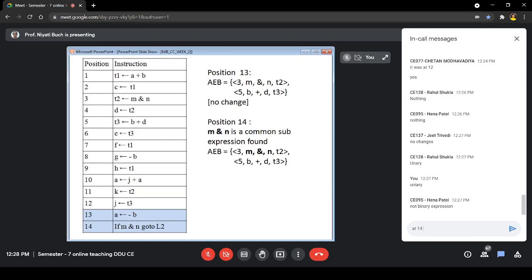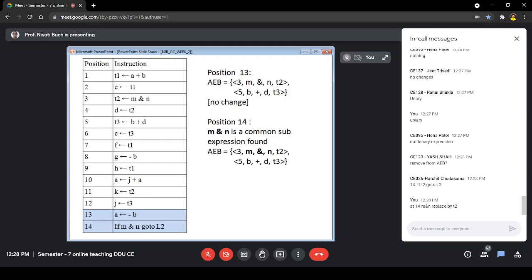If we have a match in our AEB, what do we need to do? No. Why would we remove it from AEB? We will remove from AEB only if M or N is changing. But if a common expression match is found, then what do we have to do?